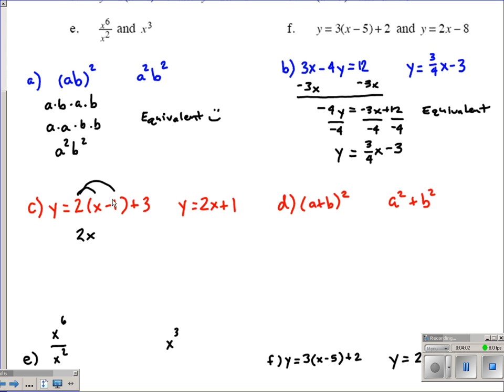And then 2 times negative 1 would be minus 2 plus 3. So we have y equals 2x minus 2 plus 3. If we combine our like terms, negative 2 plus 3 is a positive 1. And we get y equals 2x plus 1. Once again, this is the exact same as our equation on the right. So we can say that these two are equivalent.